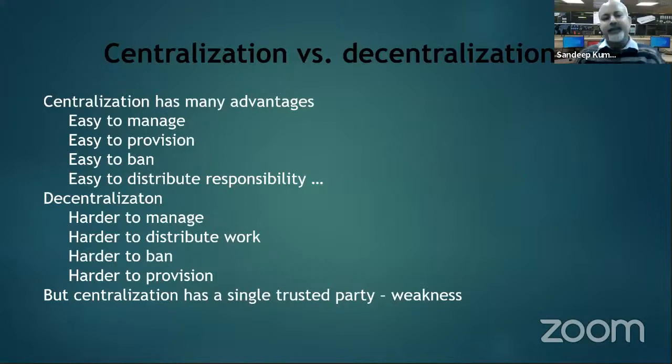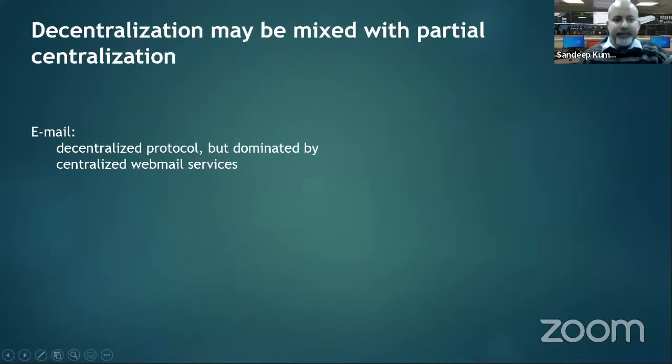So centralization is an easy way to implement a service like a banking service or a social media service, but it has a trust issue. Decentralization reduces the trust issue, but it is much harder to manage, and that's where blockchain 2.0, 3.0, etc. are coming up, which make it easier and easier to manage this. So that's the difference between centralization and decentralization.